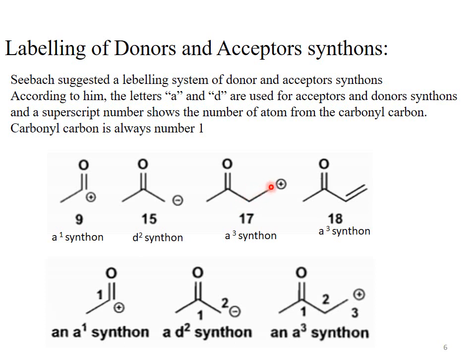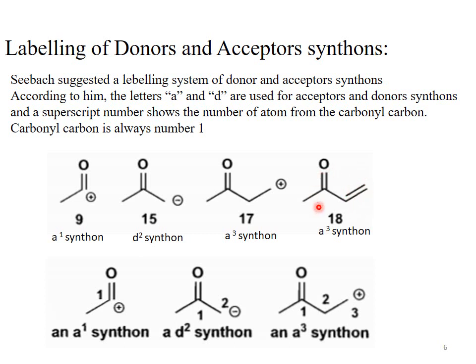And this carbon 2 is a nucleophilic center. So this is called a donor synthon, D2 synthon. D means it's a donor synthon, and which position of the donor synthon is nucleophilic? That is position 2, the carbon at position 2 with respect to the carbonyl carbon.